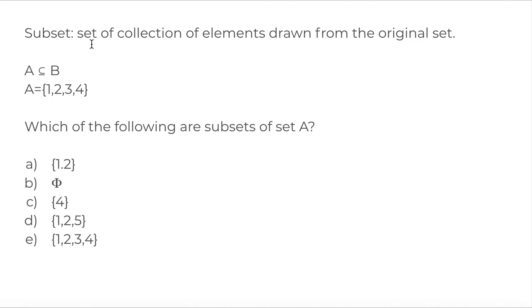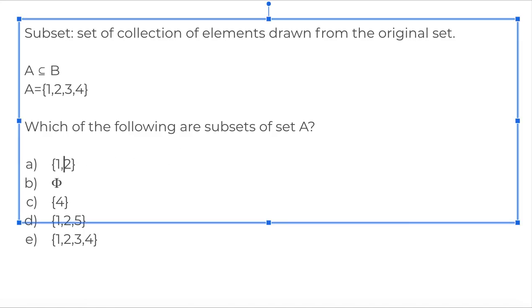Next, what is a subset? A subset is a collection of elements drawn from the original set. It is written as A is a subset of B. So if you're given a set A equal to 1, 2, 3, and 4, which of the following are subsets of A? So 1, comma 2. Again, let's define the subset: a collection of elements drawn from the original set.